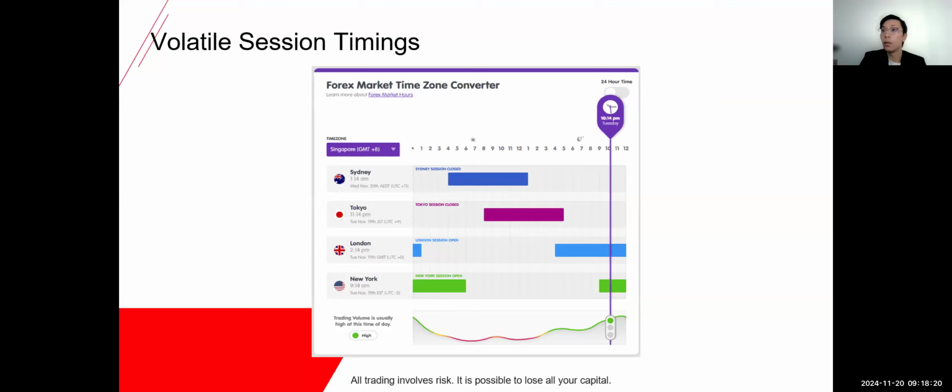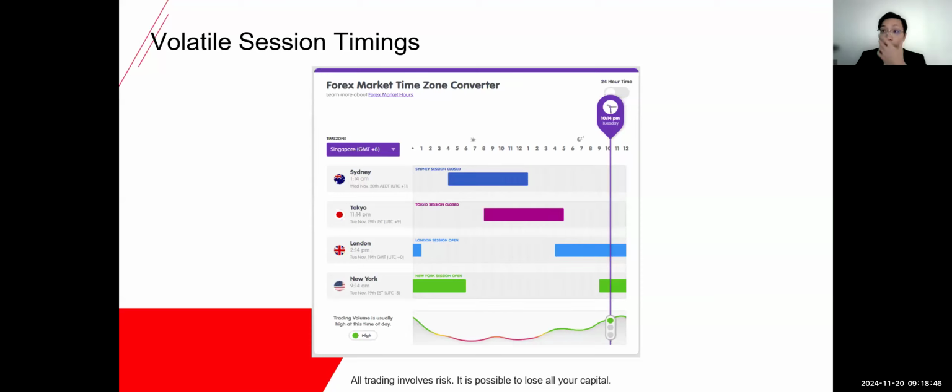ICT. Examples of strategies for specific time zones. Just to make sure you can see.